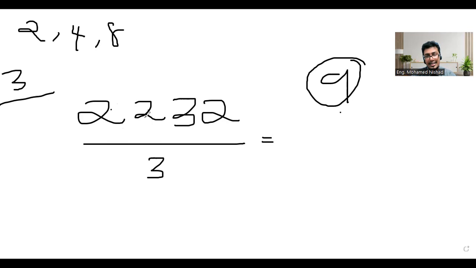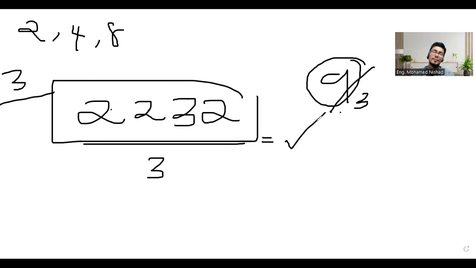Adding all those digits together results in 9. We know that 9 is divisible by 3 without any remainder. Therefore, the entire number is divisible by 3. That is how we check it, right?